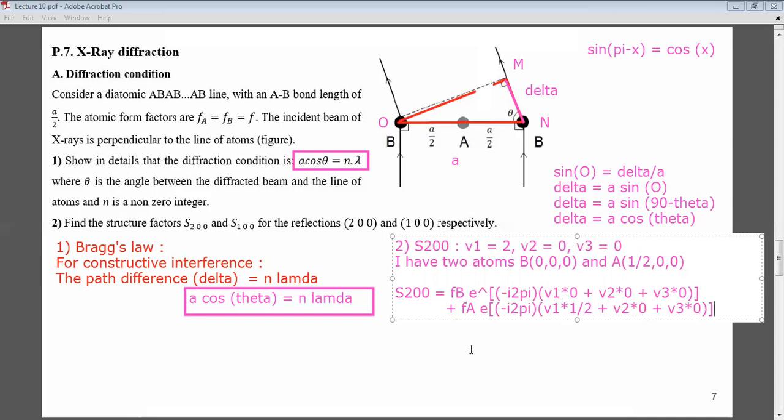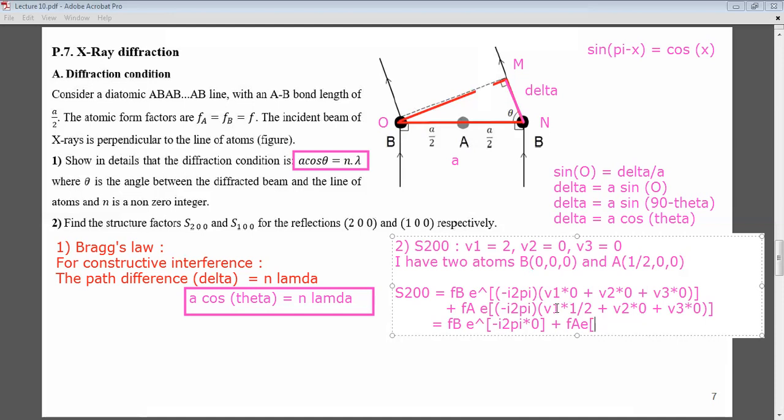Now instead of V1, I will put its value. For the first part, this is equal to FB e to the minus I 2 pi, V1 times 0 plus V2 times 0 plus V3 times 0, so the whole thing is e to the 0, which is 1. Plus FA exponential of, V2 times 0 and V3 times 0 die out, I have V1 times half times e to the minus I 2 pi, and V1 is 2.